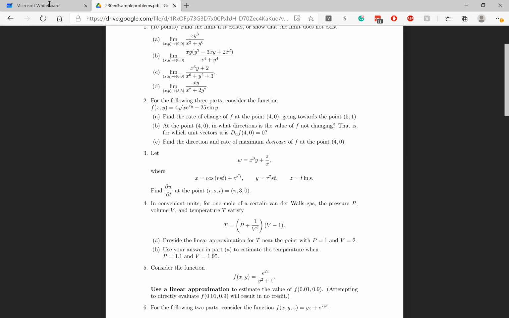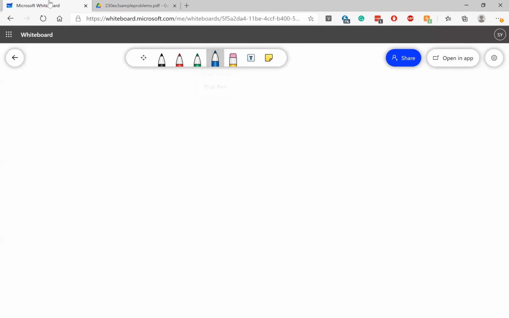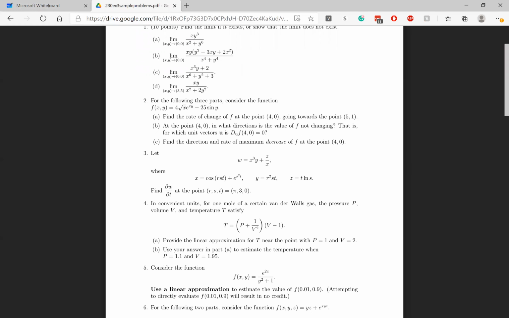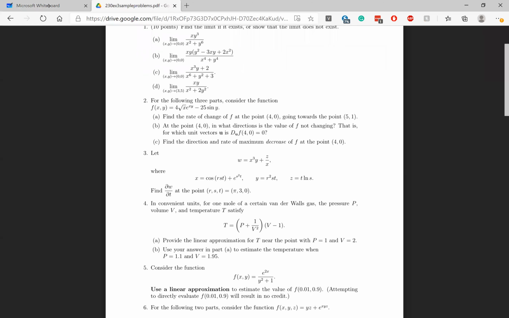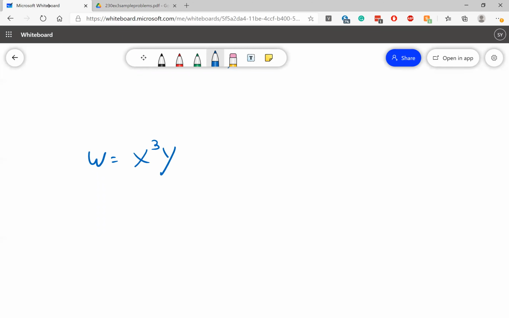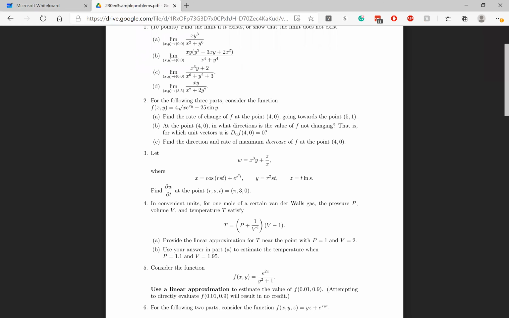So let's do that. So w is equal to x cubed y plus z over x, where x is equal to cosine of rst.